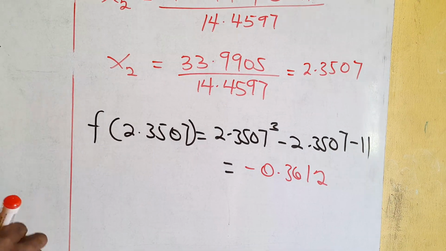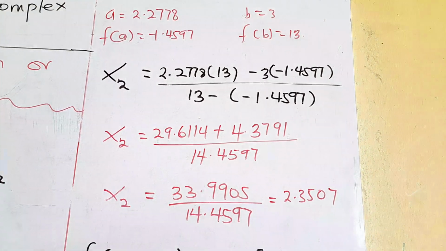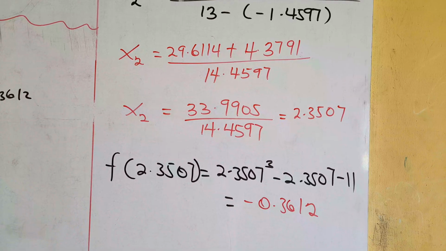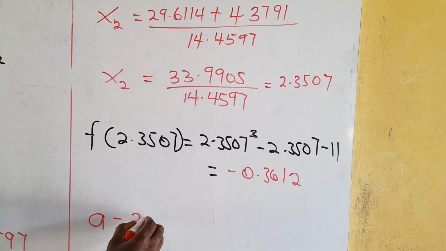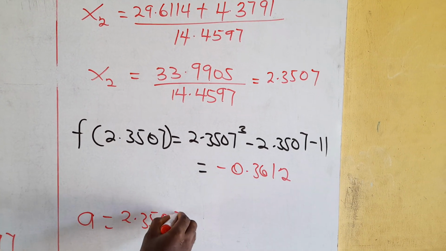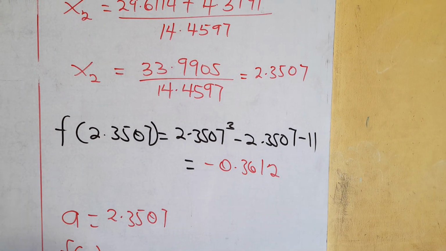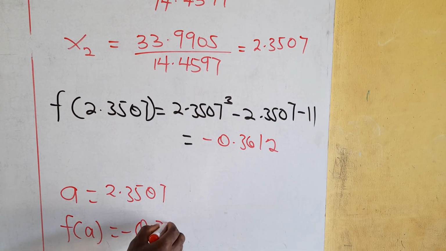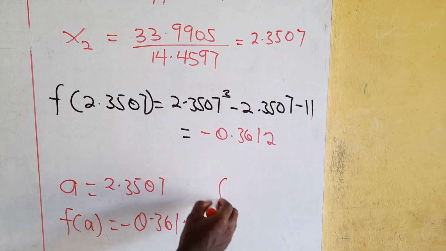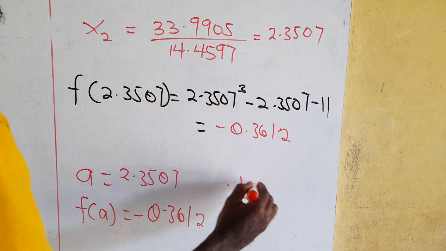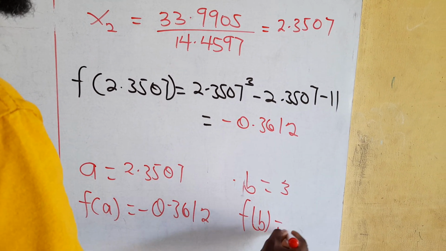Since it produces a negative outcome, it will replace the a now. I hope you get that. So we can say our a now is equal to 2.3507, and our f of a, remember, is negative 0.3612. That is f of 2.3507. Our b is still 3, and our f of b is 30.